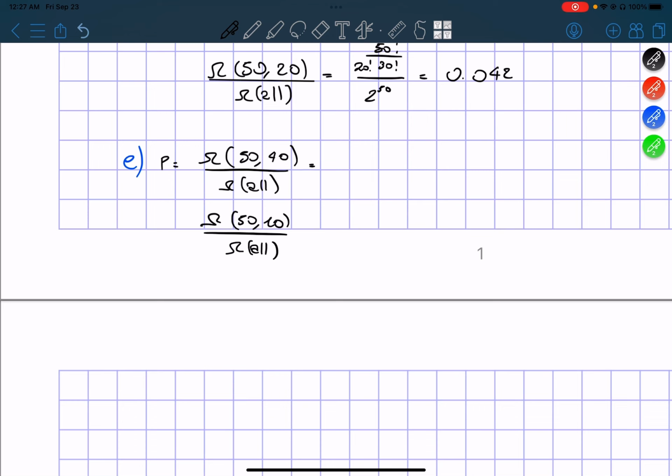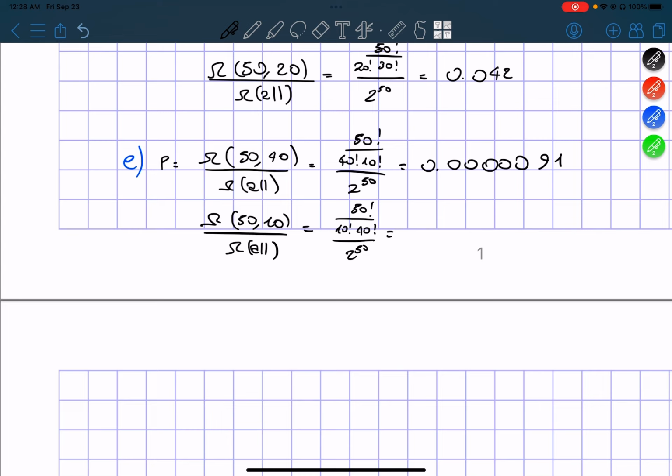I will get 50 factorial over 40 factorial times 10 factorial over 2 to the power of 50. And this one will get 50 factorial over 10 factorial times 40 factorial over 2 to the power of 50. And again, these are exactly the same thing. I obtain 0.000091.